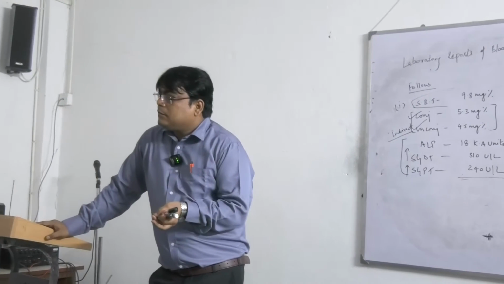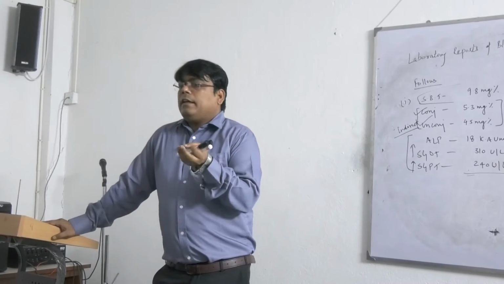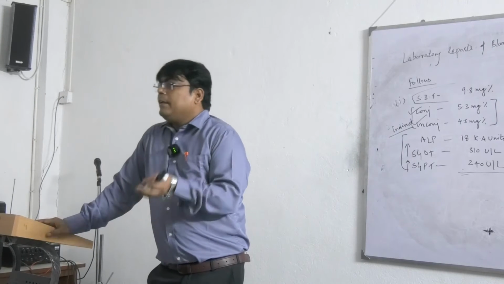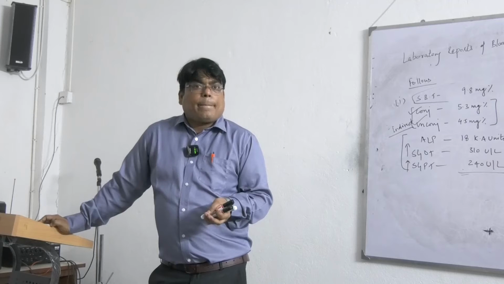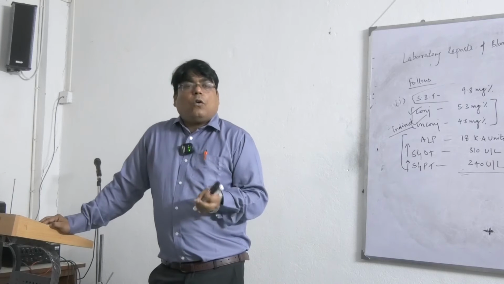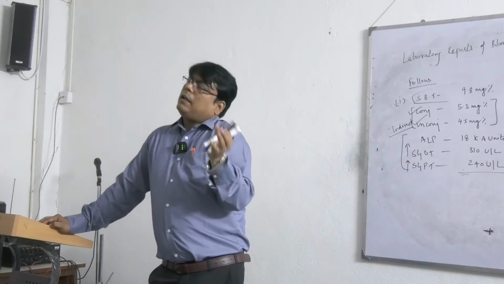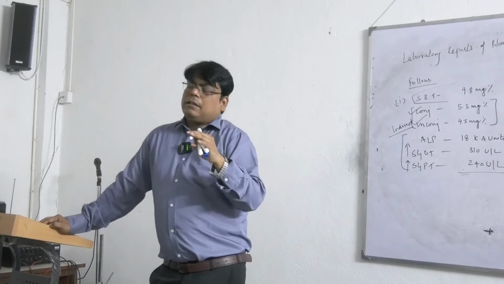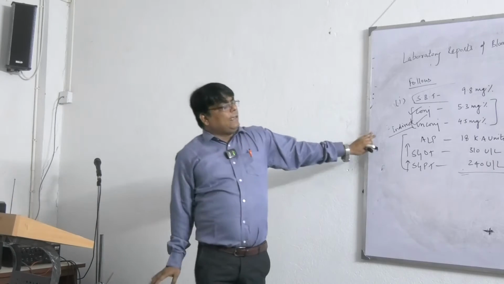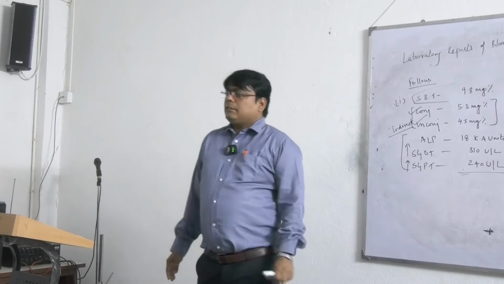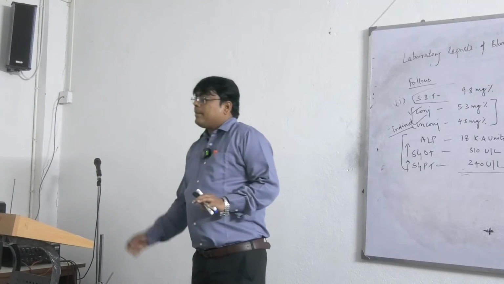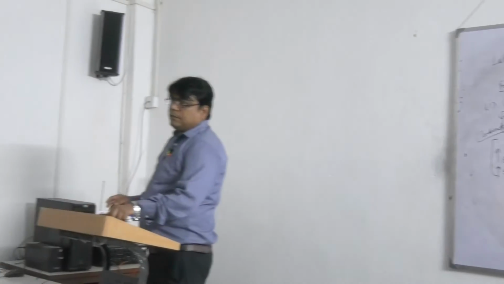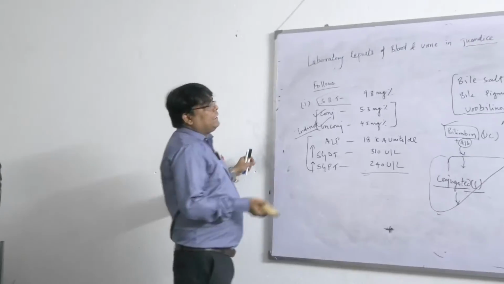Either hepatitis, fatty liver, ALD, acute liver disease, chronic liver disease, CLD, liver cirrhosis, non-alcoholic fatty liver disease, NAFLD, or other things. You mention it, but it is a clear case of hepatic jaundice. Okay, understood here? We have discussed all the 3 things.